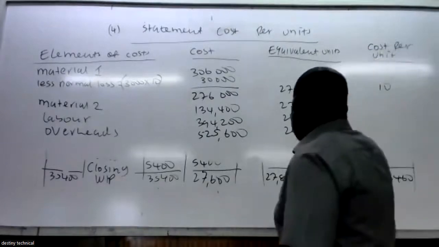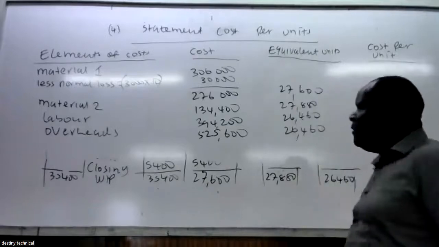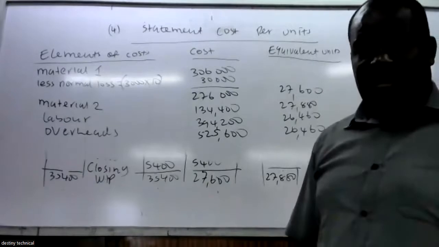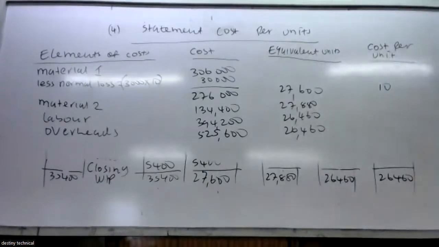So this one I said is 27,880. So material 2, it is how much per unit? When you take 134,400 divide by 27,880, it should be how much per unit?